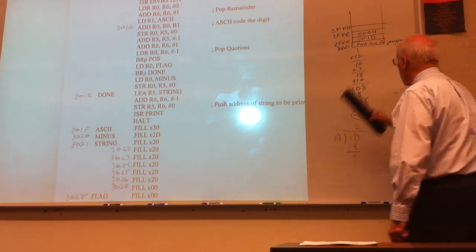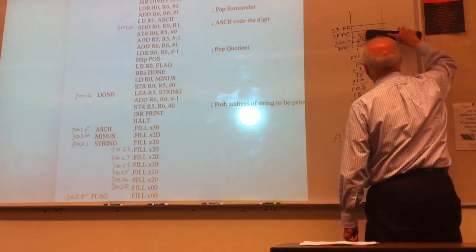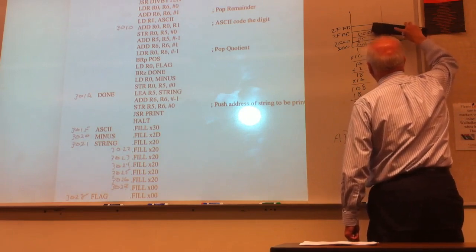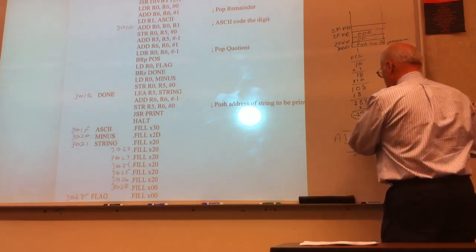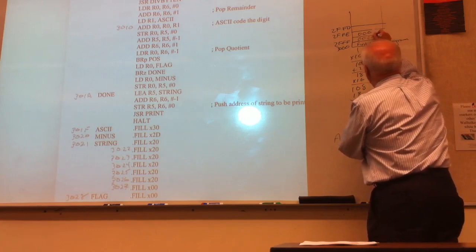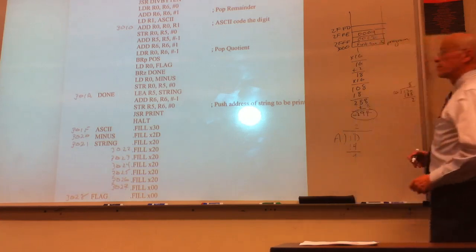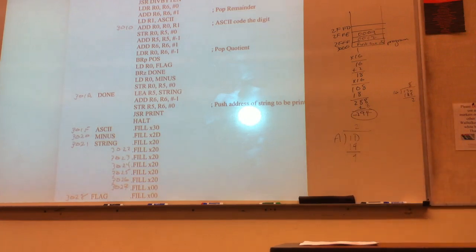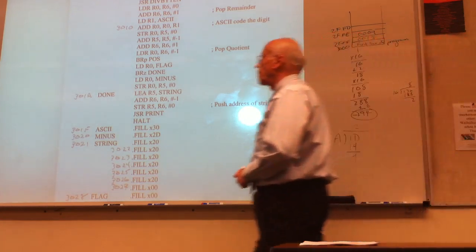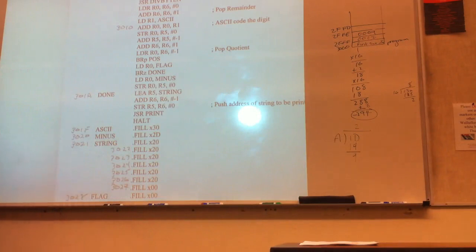Okay. Now my routine is going to put the quotient here and the remainder here. And as it returns, it's going to have register 6 set up here.